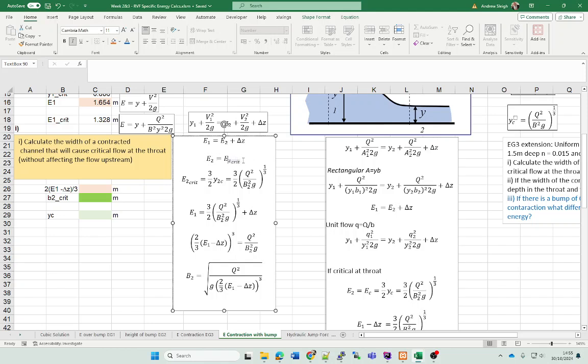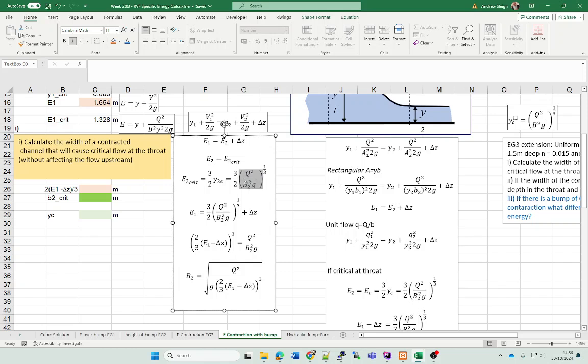We know that at the critical flow we've got critical energy, and we know that critical energy is 3/2 times the critical depth, and it's this critical depth we're actually trying to calculate. We can work out that critical depth with our formula, and actually this allows us to encompass a width in it.